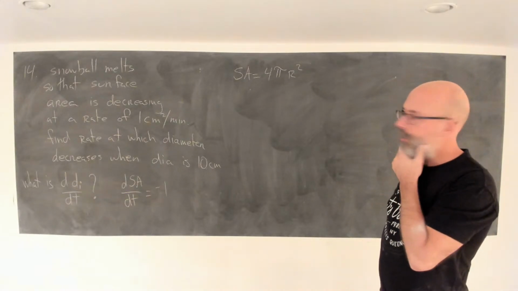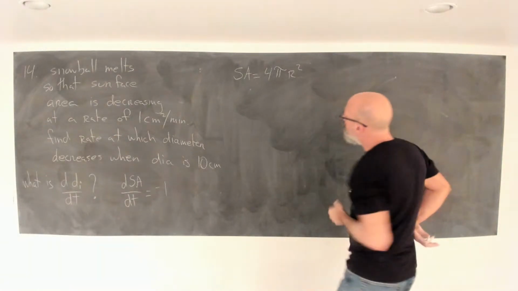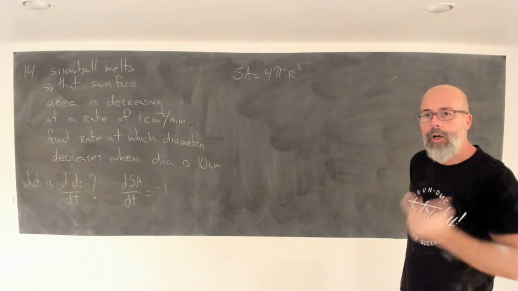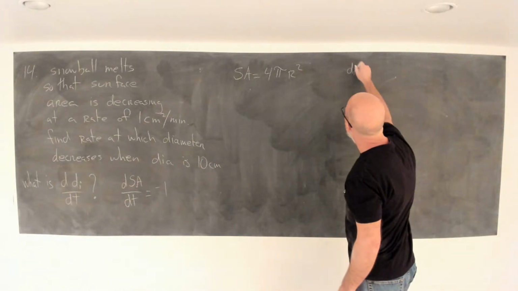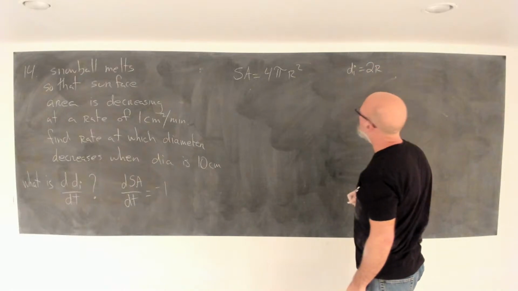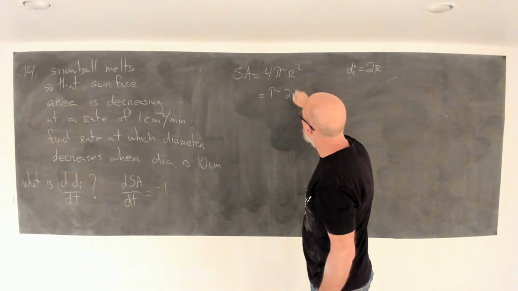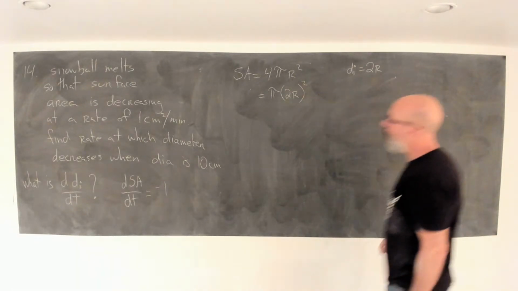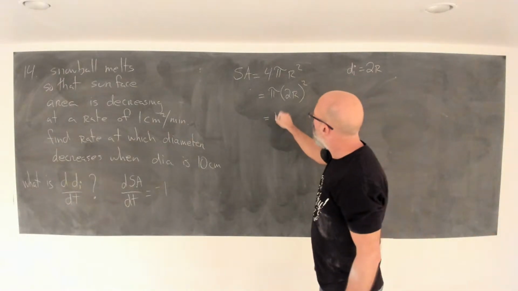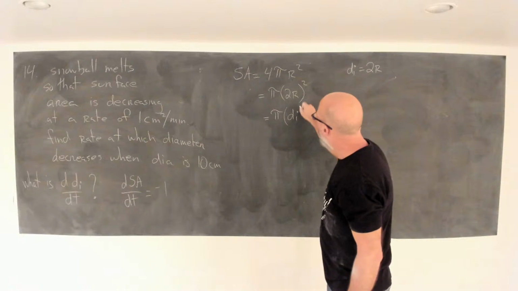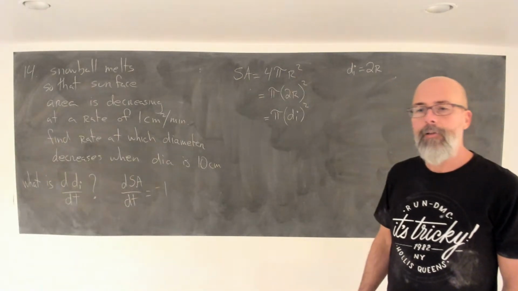Right, well, as Sean points out, there is a relationship between surface area and radius. We don't want radius, we want diameter. But of course, you know that the diameter is twice the radius. So you can rewrite this as pi times 2r all squared. And 2r is the diameter. So pi di squared. Exactly that.